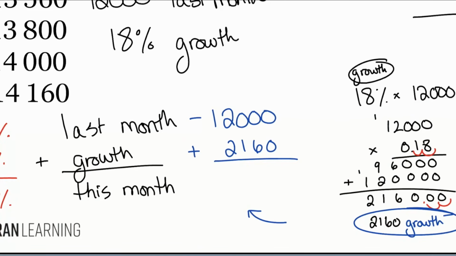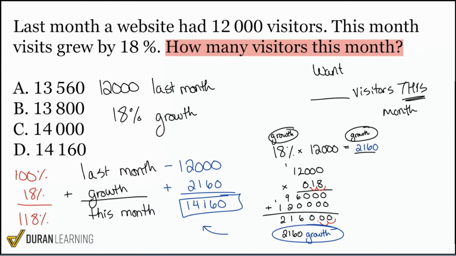So I'm going to end up adding that together. 12,000 plus 2,160 ends up giving us 14,160. And boom, there we are. That is this month's visitors on the website. That is going to be answer choice D. So I want to say it again and again and again.